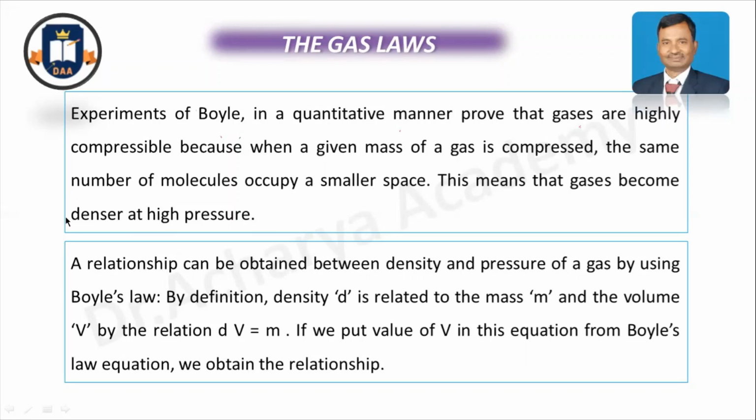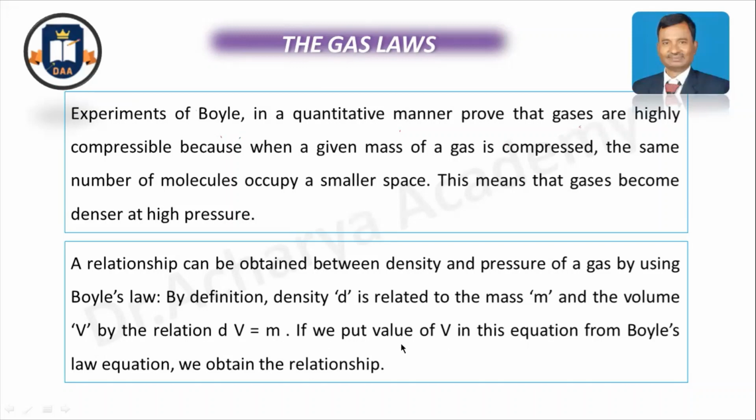So when we are talking about denser, then we have to consider density also. One more relationship can be obtained between density and pressure of a gas by using Boyle's law. So here is the relation. If you consider the density denoted by the small letter d, then dV is equal to m, where m means the mass of the gas.